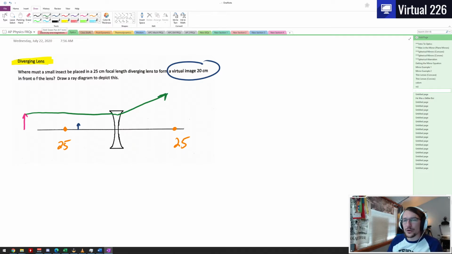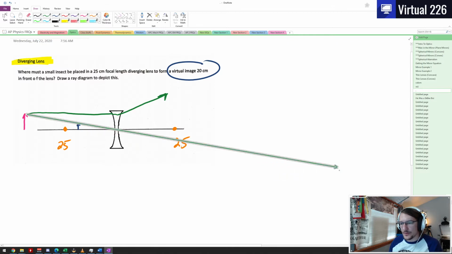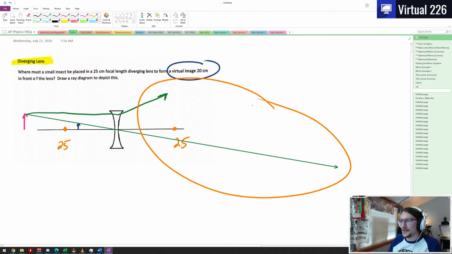We can also draw a line that goes directly through the center of the lens. Now, if I look at these two lines on the right side, they're not even close. They're completely diverging. That's no good. How am I going to see anything?